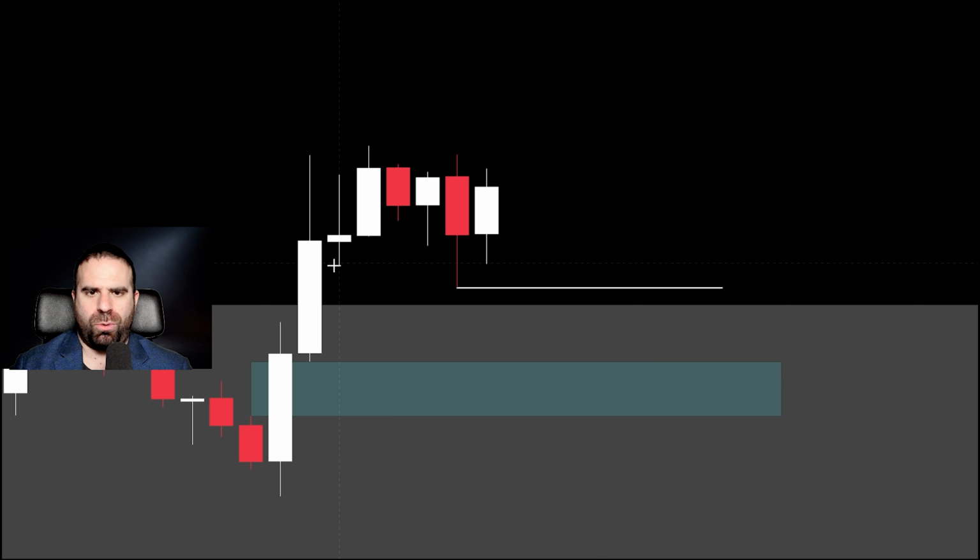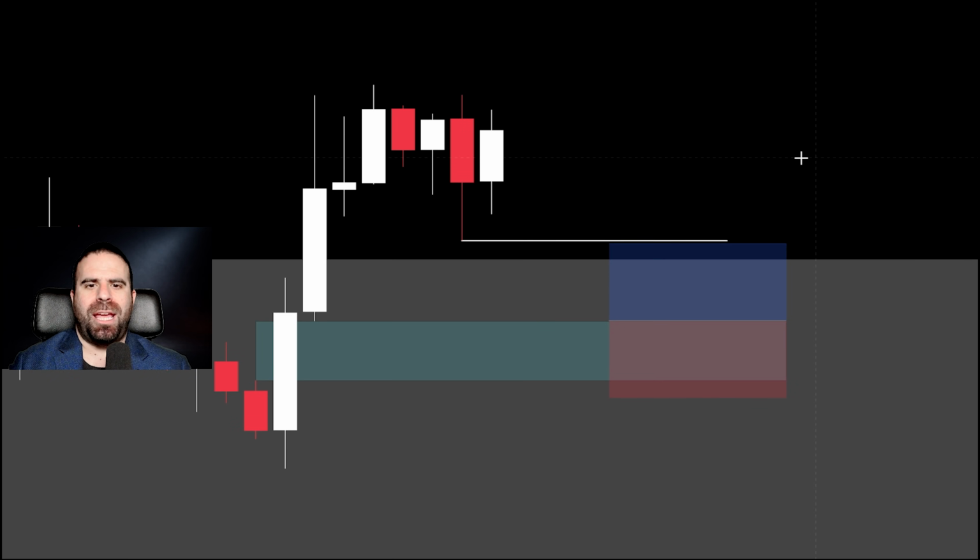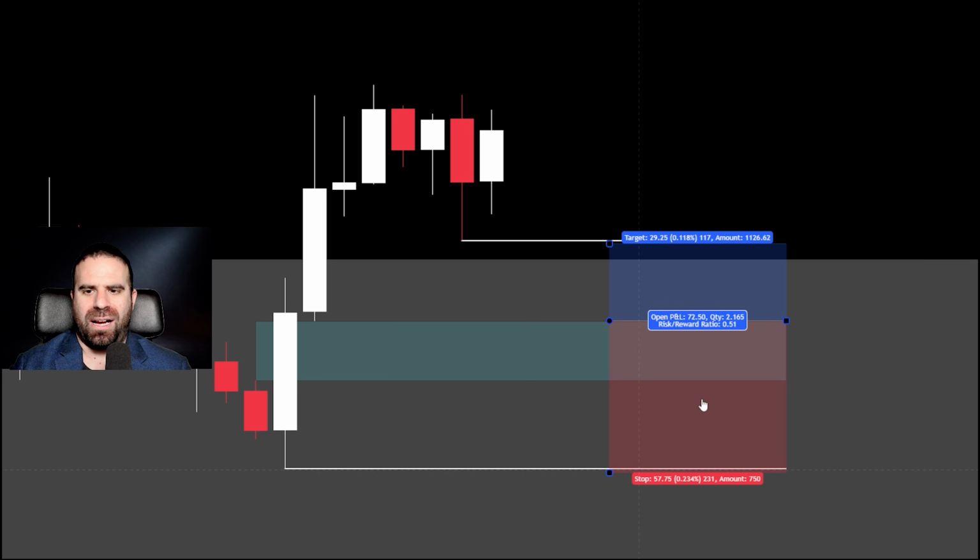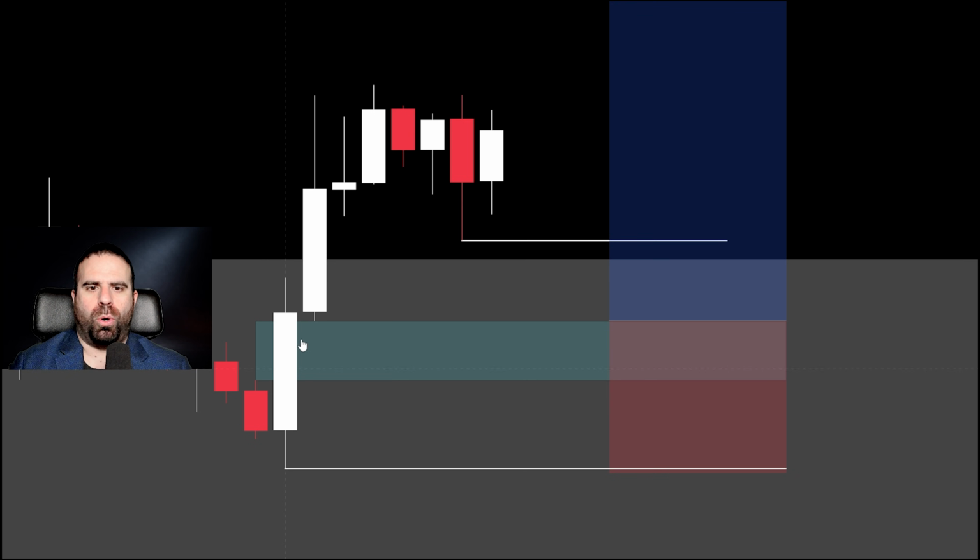So you have your liquidity, you have two fair value gaps, you go ahead and you choose the bottom fair value gap, the one that is closest to the base, and you are placing your stop loss below the low of candlestick number 2 out of the 3 that created the fair value gap. What is candlestick number 2 out of the 3 that created this fair value gap?